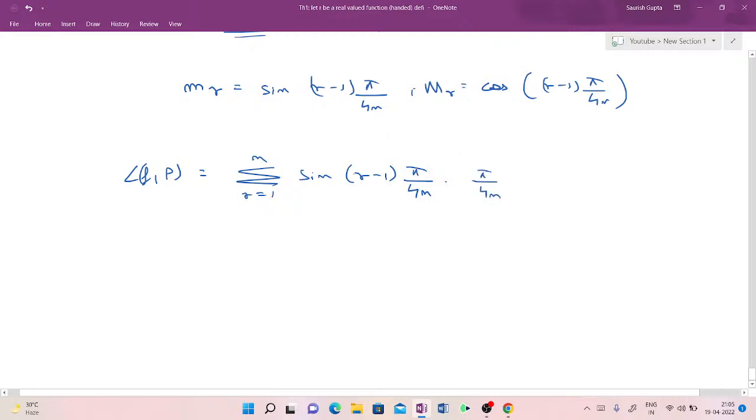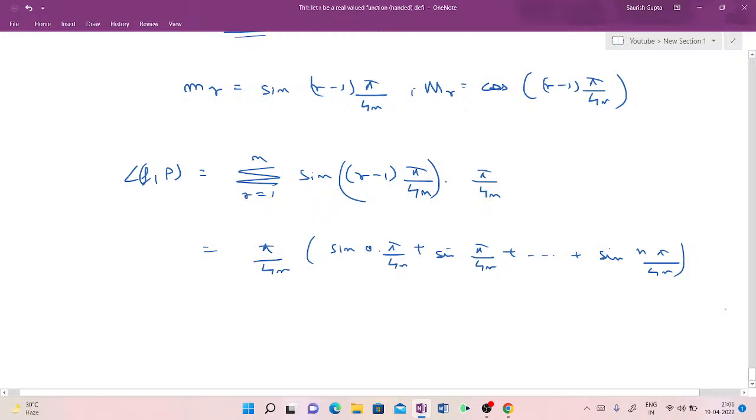So pi upon 4n comes outside, and inside you have sine of 0 times pi upon 4n plus sine pi upon 4n until you have sine n pi upon 4. Clear? This is what you are having here.